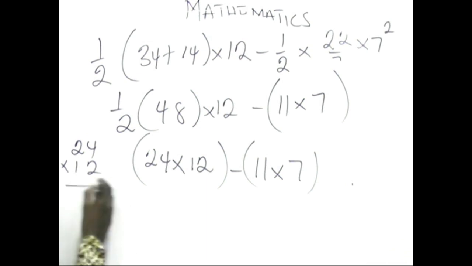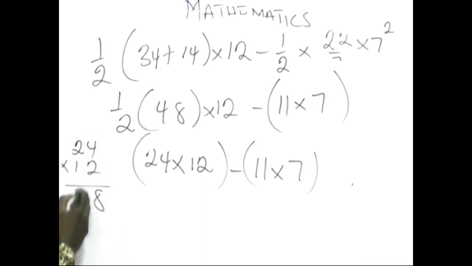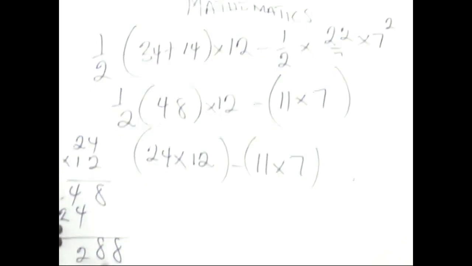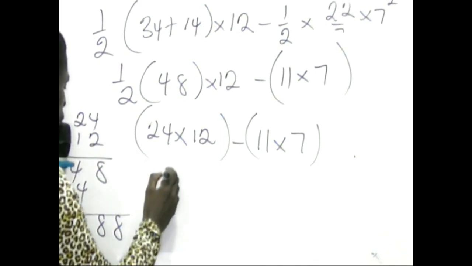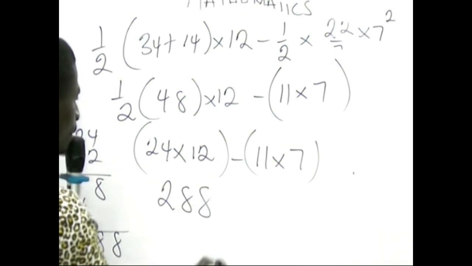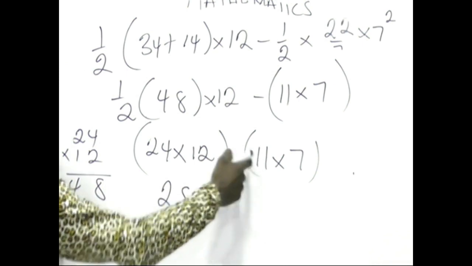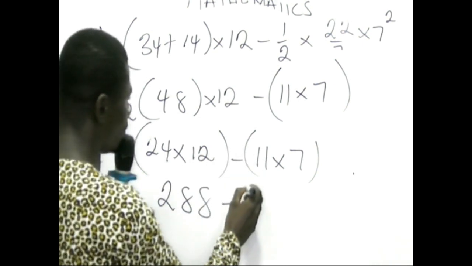If you do the calculation, this is 8, this is 4, this is 4, and this is 2. If you add it, this is 8, this is 8, this is 2. And so we are going to get 24 times 12 to be 288, minus 11 times 7, which gives 77.